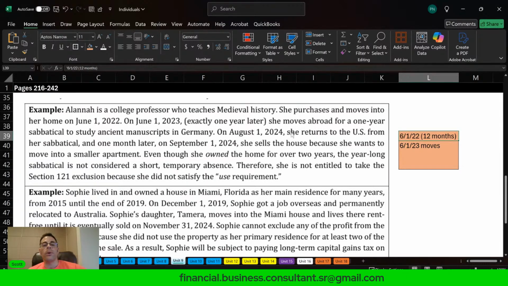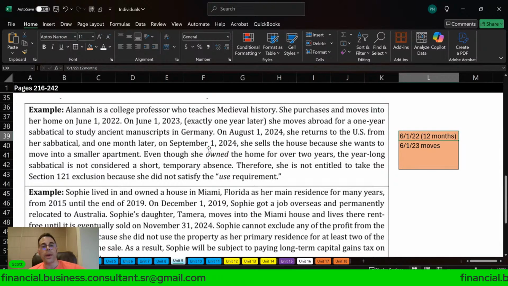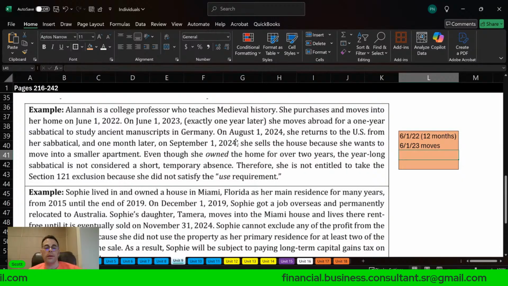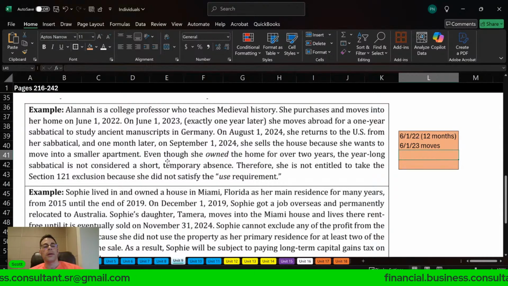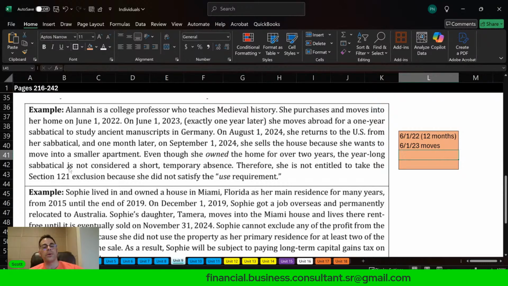On August 1st she returns to the U.S. and a month later she sells her house. So she hasn't been living there for 24 months, so she cannot get the deduction, even though she owned the home for 2 years. She didn't live there, so she's not entitled to the Section 121 exclusion.